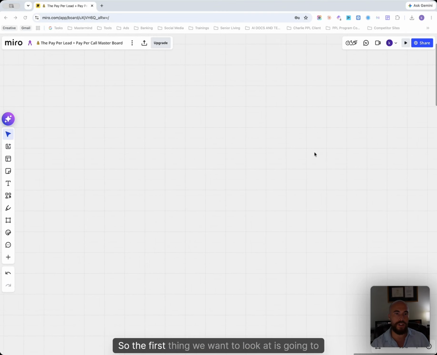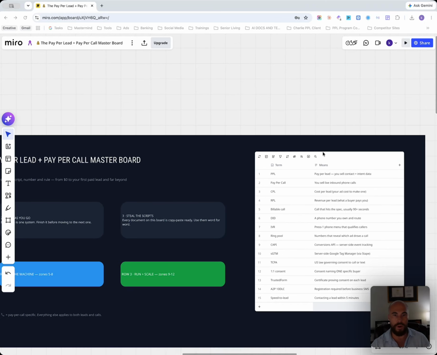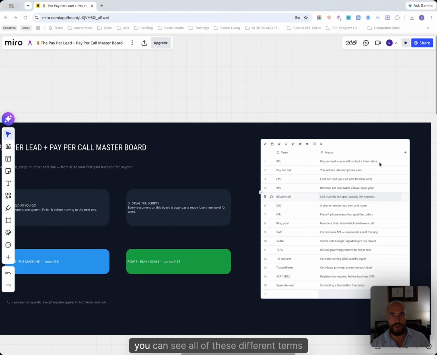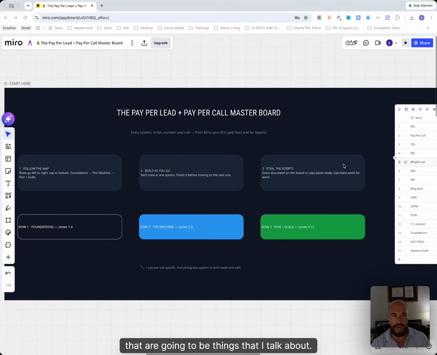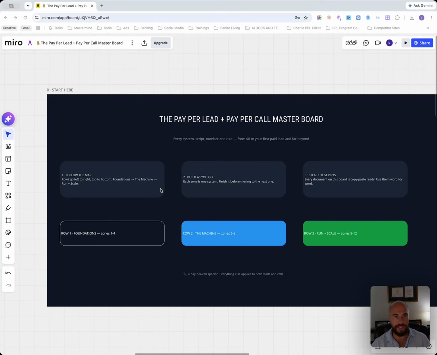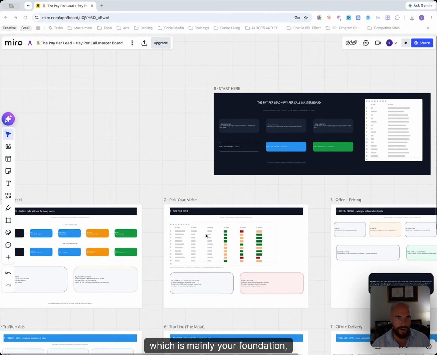So the first thing we want to look at is the master board, right? When you get the Miro board from the link in the description, you can see all of these different terms that I'm going to talk about. And this is how we are going to go about this. You have the first row right here, which is mainly your foundation.